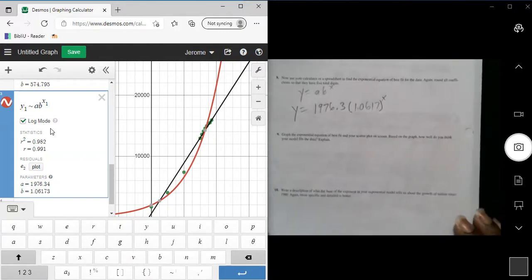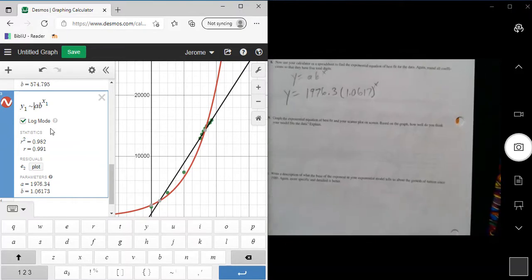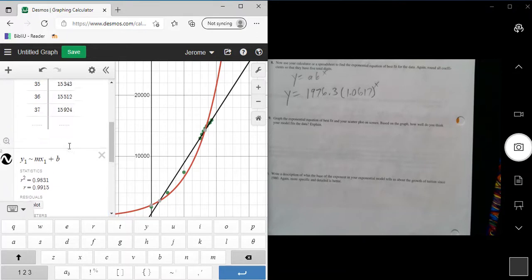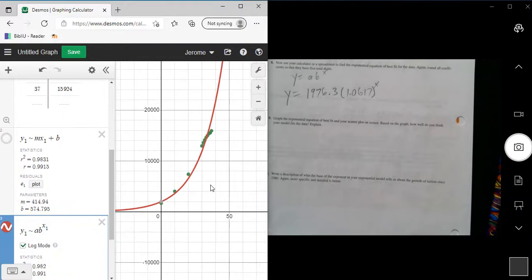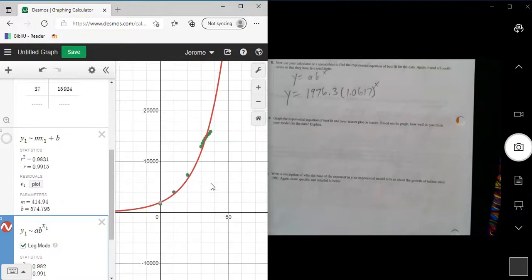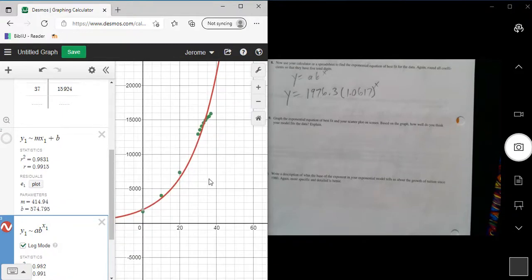Now it says graph the exponential equation of best fit and your scatter plot on screen. Based on the graph, how well do you think your model fits the data? It's the same data, but what I'm going to do, I'm going to turn off the linear so we could just look strictly here at the exponential. It looks pretty good.